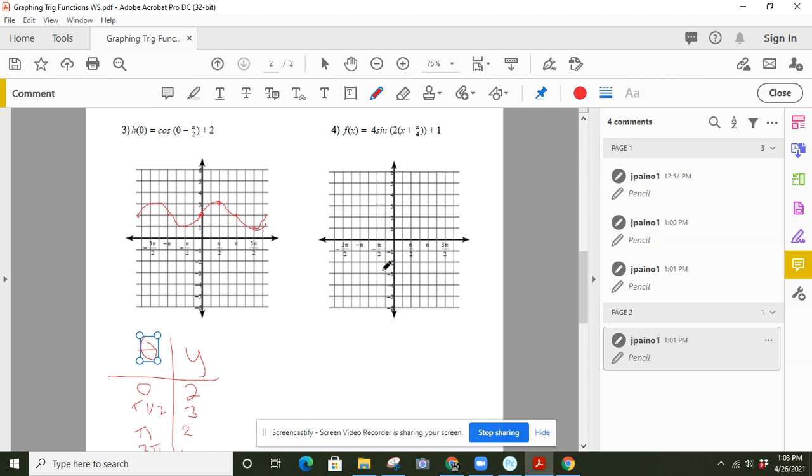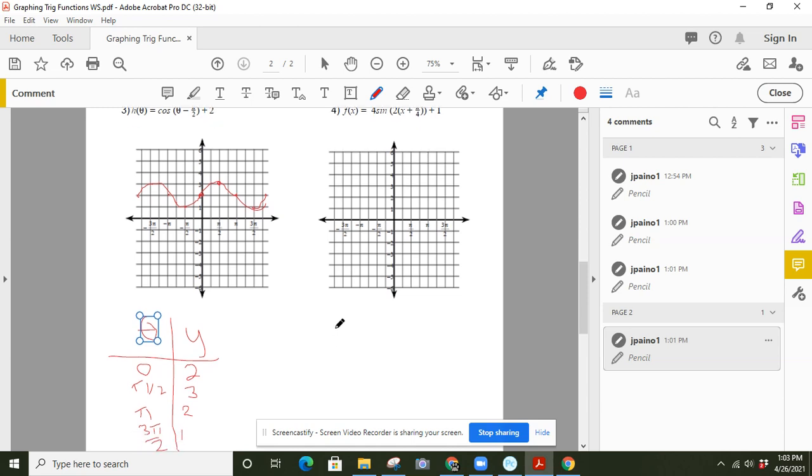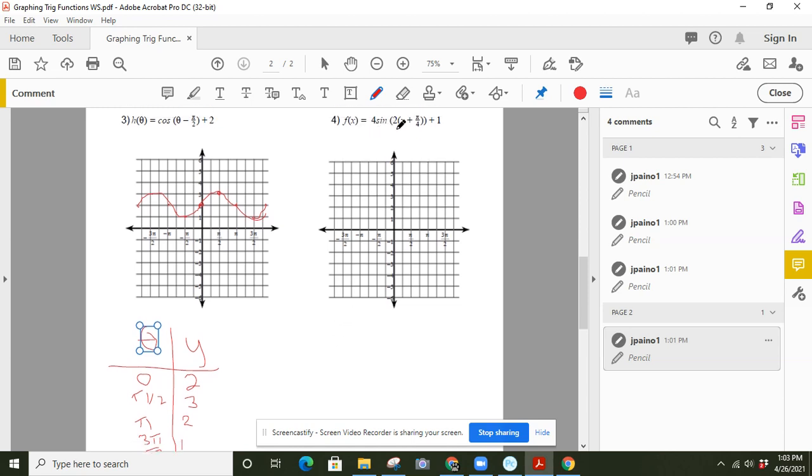All right, last one, number 4 here. I've got an amplitude of 4. I've got a period of pi. I've got a phase shift of left pi fourths and a vertical shift of up 1.